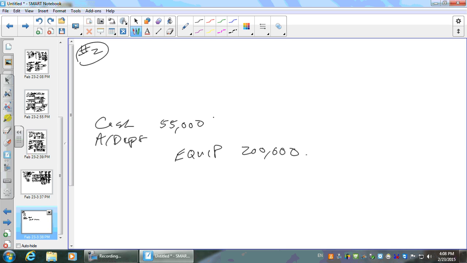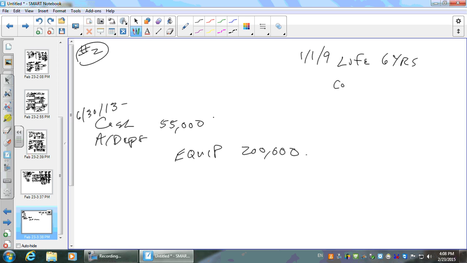It says it had an estimated life of 6 years. And I sold it June 30th of year 2013. It was purchased January 1st of 2009. And then it has a 20,000 residual.